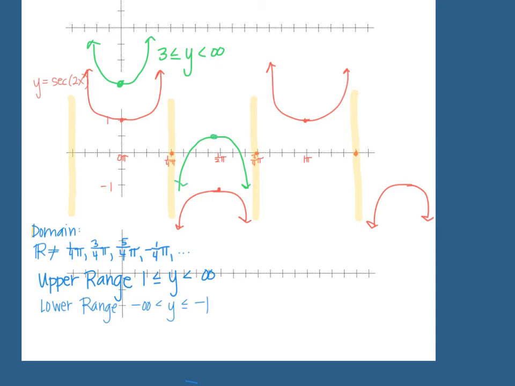That's going to pull the lower range up as well, so it would still have a range of -infinity, but its highest level would now be at 1. And so it would be now above the x-axis if I pulled it up. So the range changes, but not the domain. The only thing that would change the domain is if your asymptotes moved side to side onto a different location.